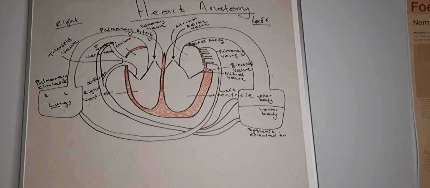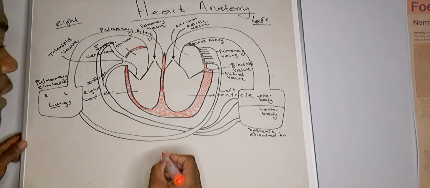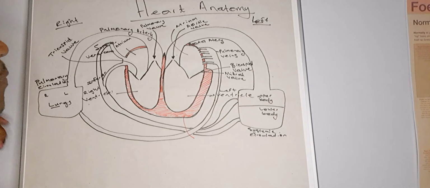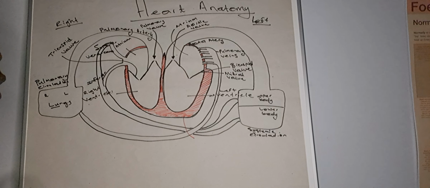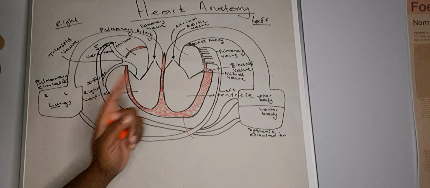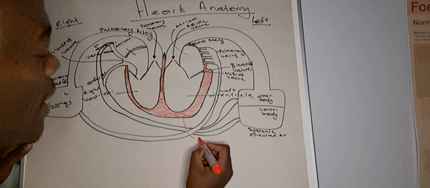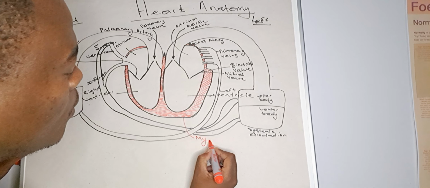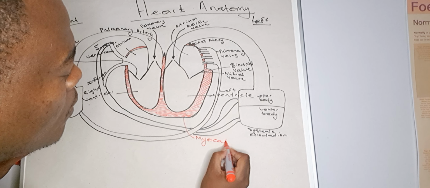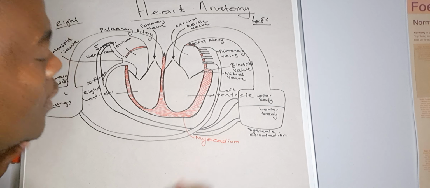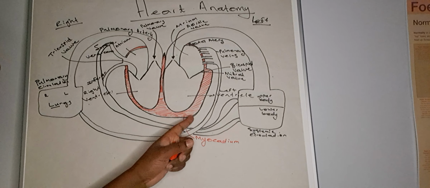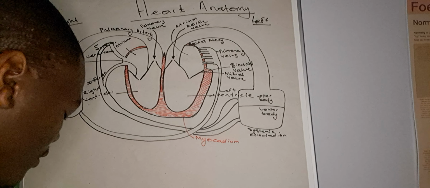What is this colored area? This colored area is our myocardium. Myo means muscles. Cardiac means the heart. This is where the heart contracts.